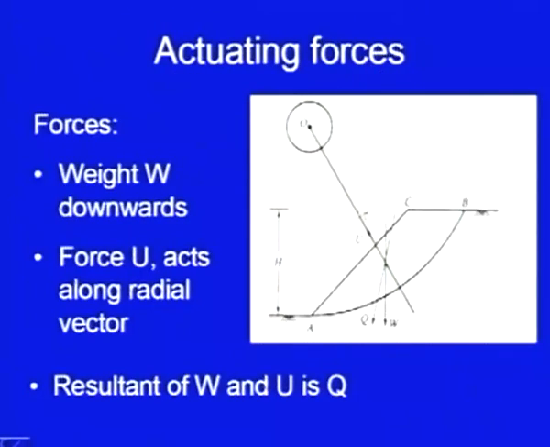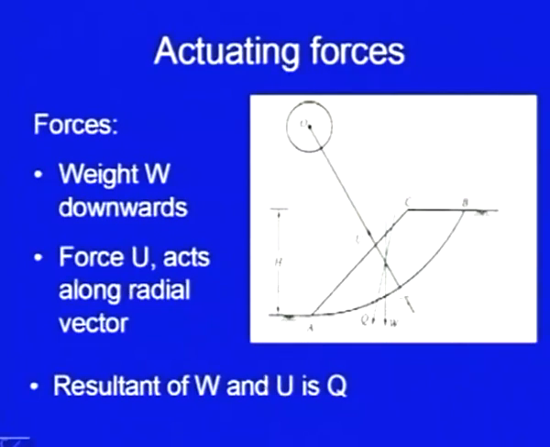Actuating forces. The actuating forces, the forces which are trying to destabilize, is weight W. Let us say this is the CG of this cylindrical wedge, and weight W is acting in the downward direction. Second is force U, the water pressure.